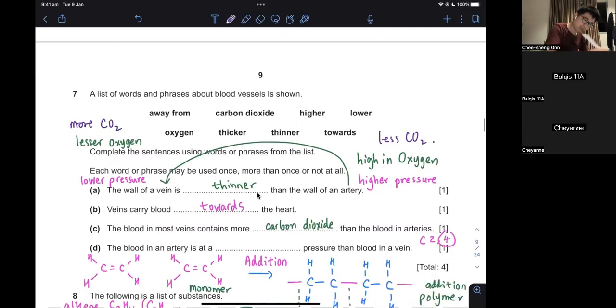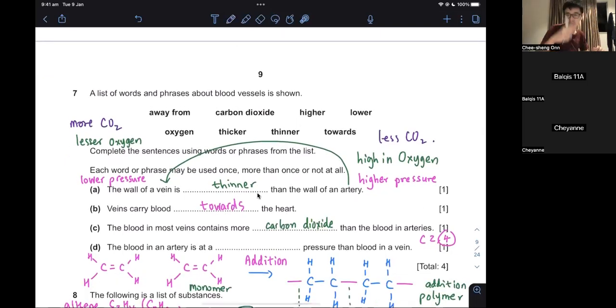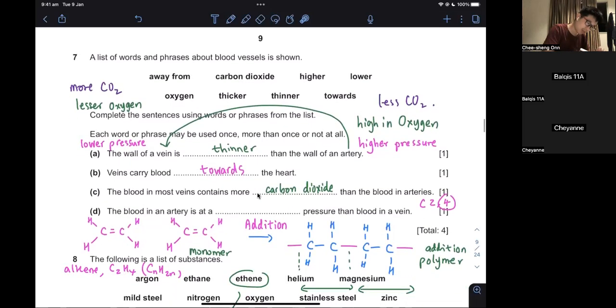That's why the veins contain more carbon dioxide, because it's a circulation in the body, right? And the blood in the artery is, of course, at a higher pressure. So we talked about this earlier, and I was right. So my biology is not so bad. This was a higher pressure, and the blood gets pushed towards the rest of the body. And when it returns back into the vein, back into the heart, it's going to be at a lower pressure.